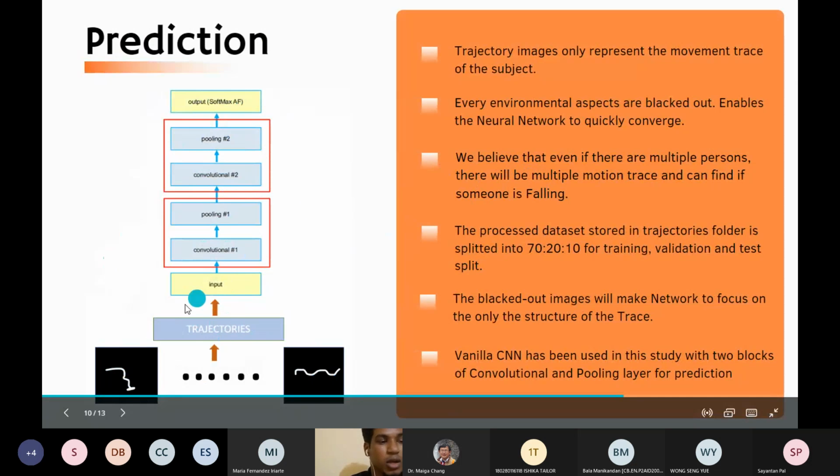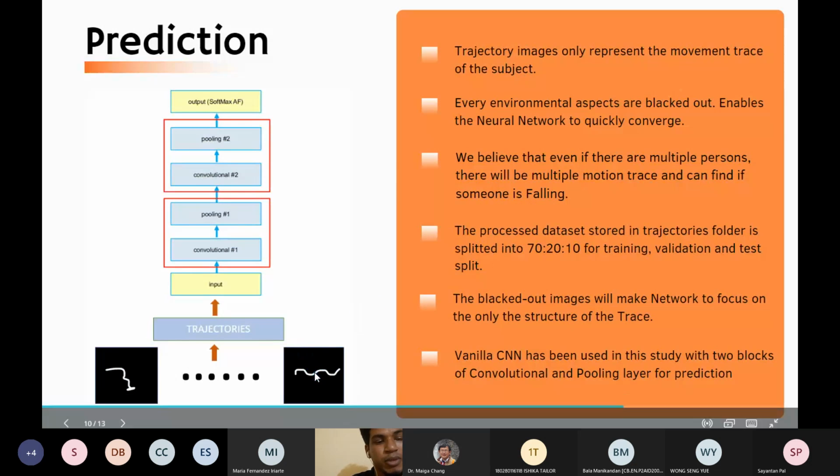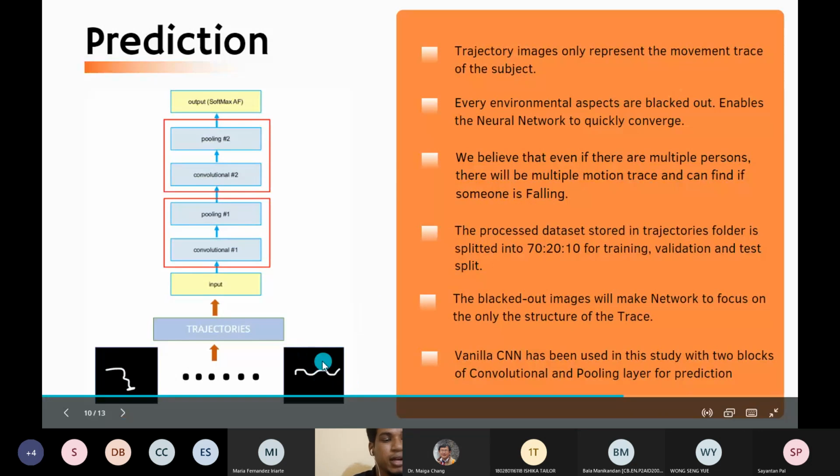That was one of the advantages. Also, this data set is for a single person, but even if there are multiple persons, multiple traces will be there, and we can differentiate if one of the traces is for a person who is falling.